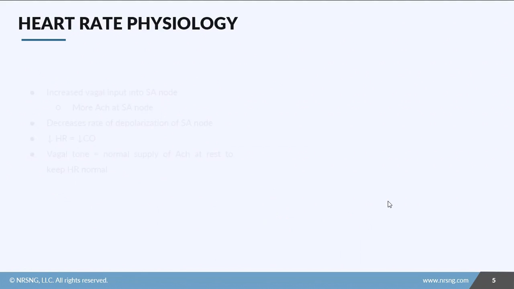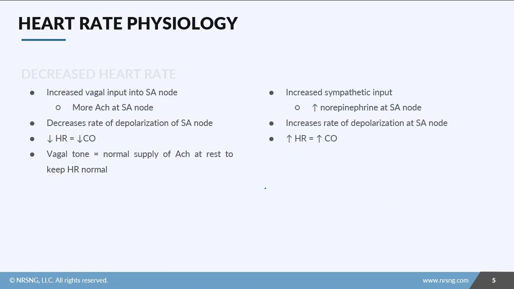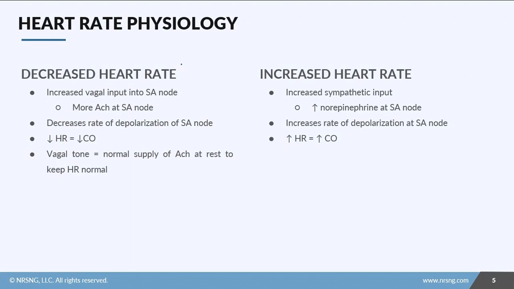But let's look at different types of situations. We're going to look specifically here at heart rate. So if we have a decreased heart rate, there's going to be increased vagal input into that SA node. So there's going to be more acetylcholine. So this is a parasympathetic response. You're going to get an increase in the acetylcholine at that SA node, and that's going to decrease the rate of depolarization.